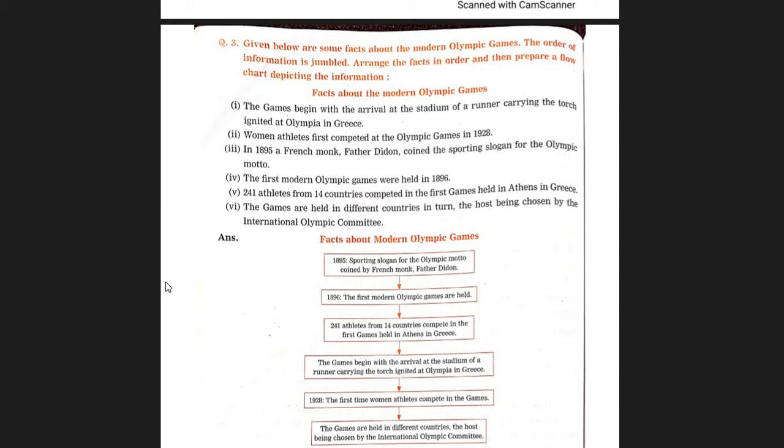Number 5. 241 athletes from 14 countries competed in the first games held in Athens in Greece. Number 6. The games are held in different countries in turn, the host being chosen by the International Olympic Committee.